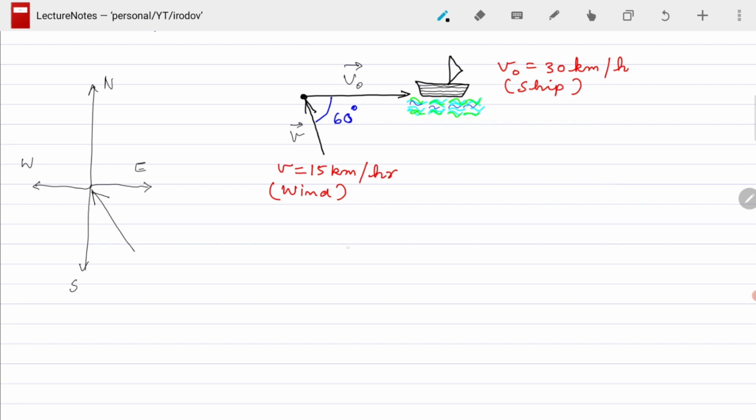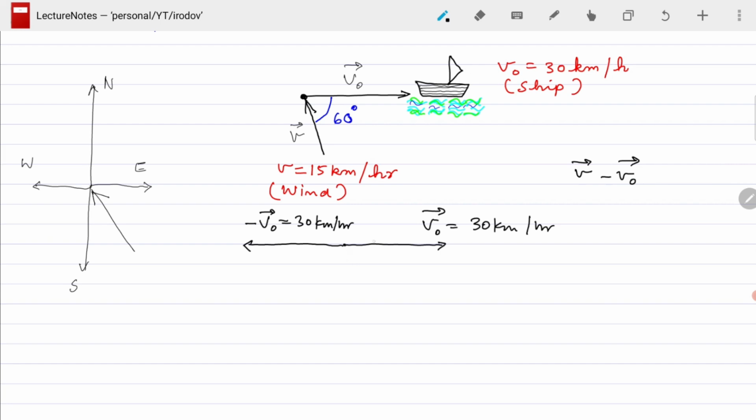In order to do that, this is velocity V0, and we apply an equal and opposite velocity, minus V0, in this direction, with magnitude 30 kilometers per hour. When we want to find the wind velocity relative to the ship, what we want to find is V minus V0.